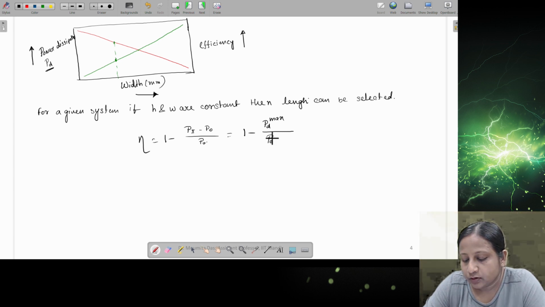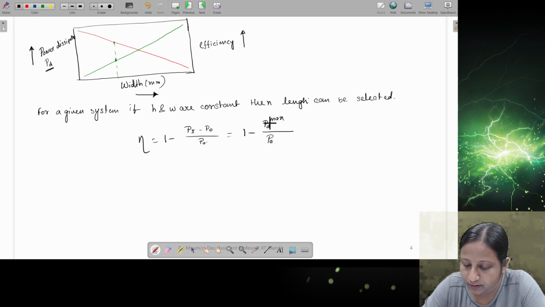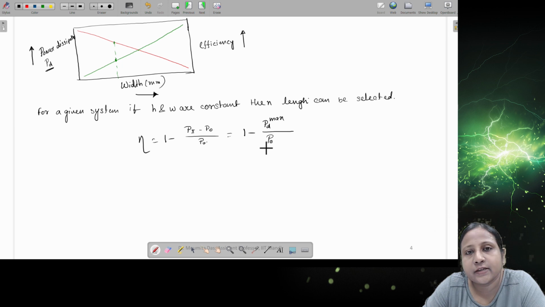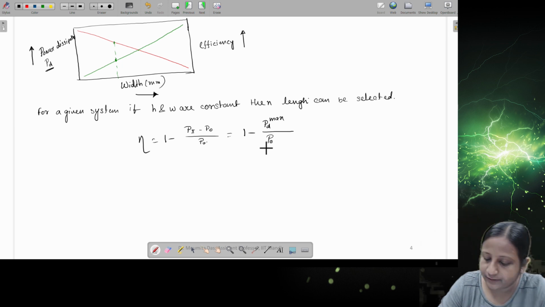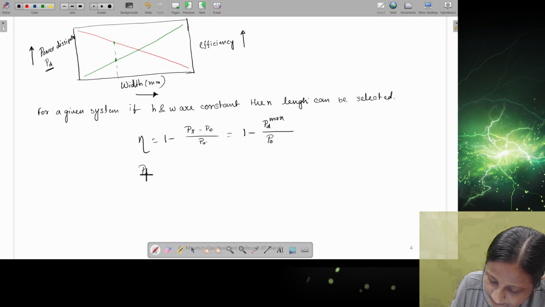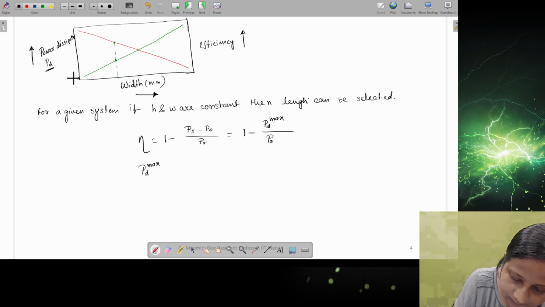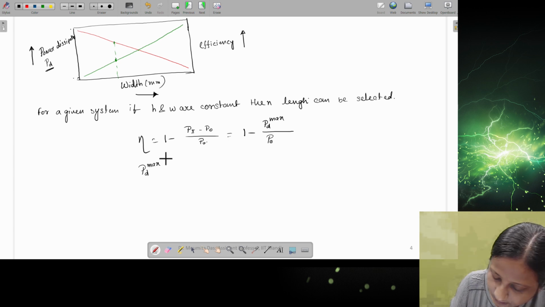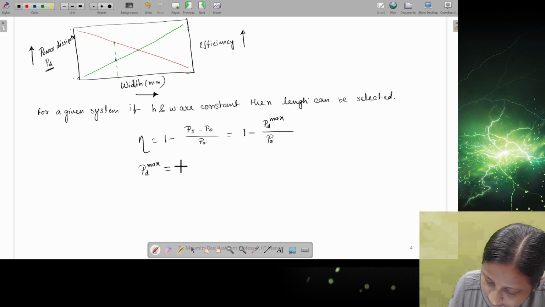Whatever the minimum or maximum, based on that the efficiency level will vary. Here PD will be minimum and here PD will be maximum. So PD maximum is related to PD convection plus PD radiation.